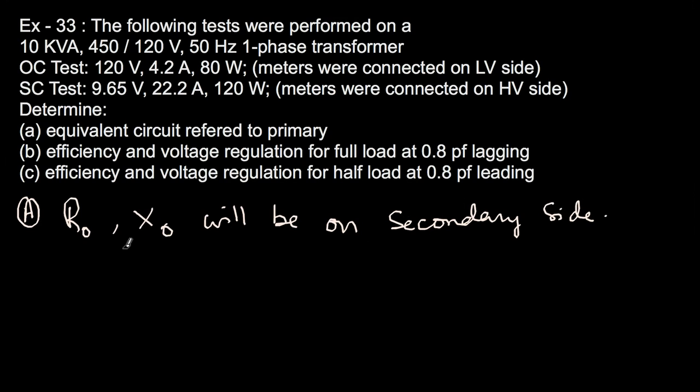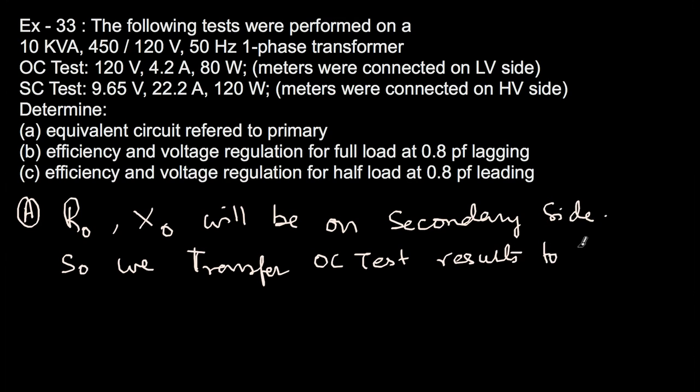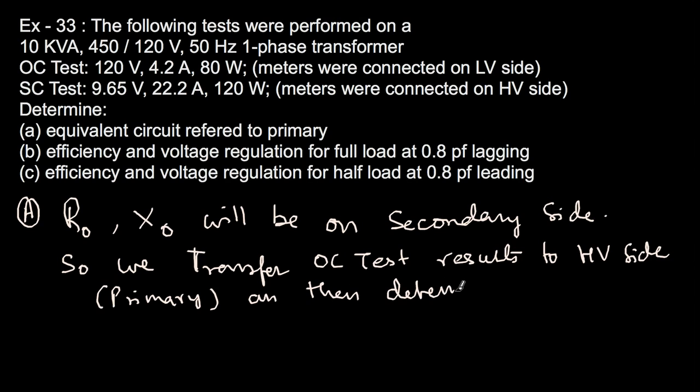So to avoid this, I will not use the actual OC test results. So we simply transfer OC test results to HV side, that is primary, and then determine R naught and X naught.